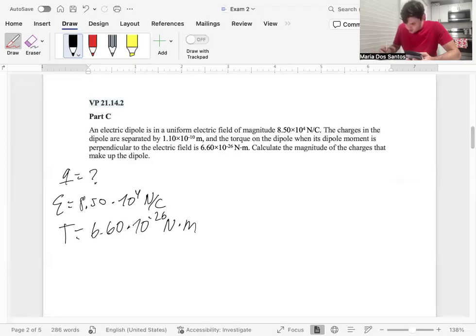Calculate the magnitude of the charge that makes up the dipole.